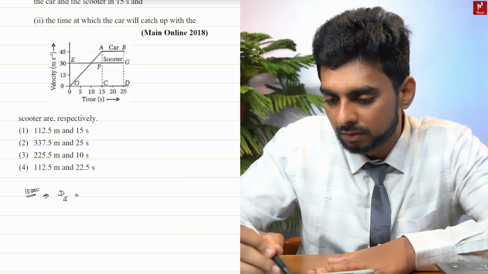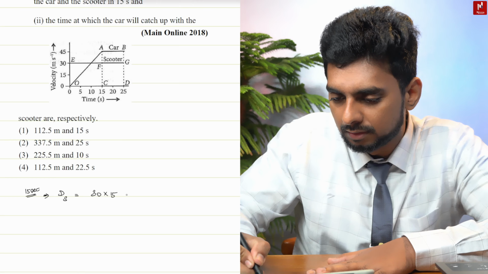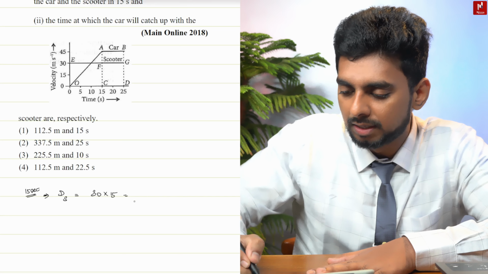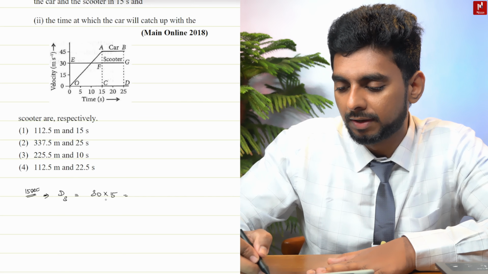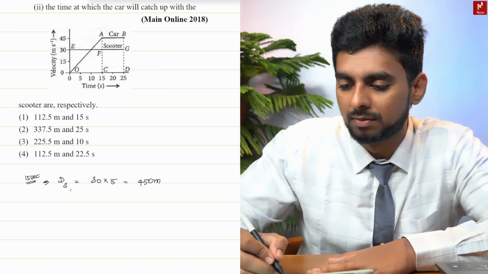The length over here is 30. So 30 multiplied by 15, isn't it? 15 into 3 is going to be 45, so that's going to be 450 meters. Okay, so this is done. This is the distance traveled by the scooter.